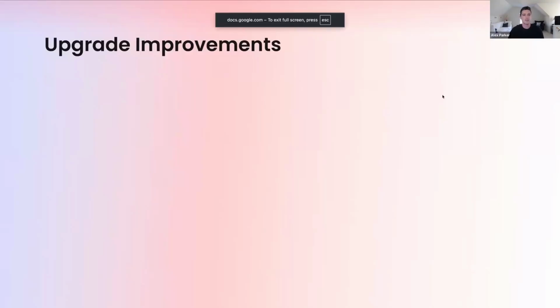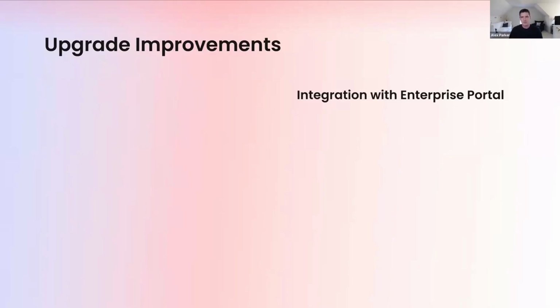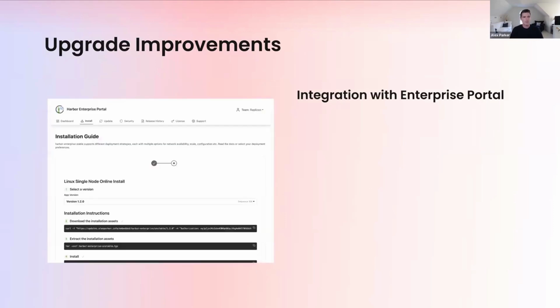So before we demonstrate them, let's talk about some of the improvements that we're going to see on the upgrade side of things as well. So the first is going to be integration with Enterprise Portal. So we saw during install how we went to that Enterprise Portal and we got our install instructions and we were able to follow those in order to install this application successfully.